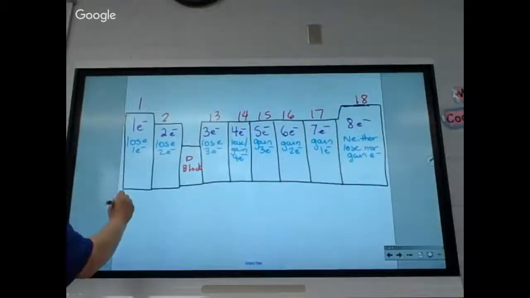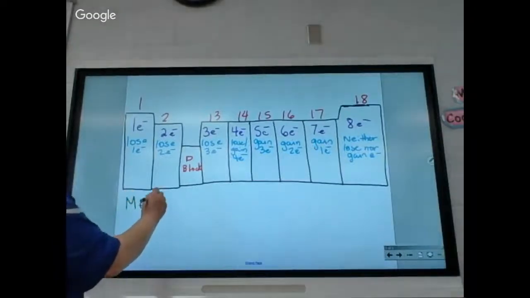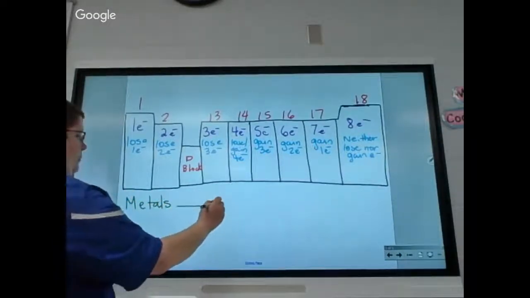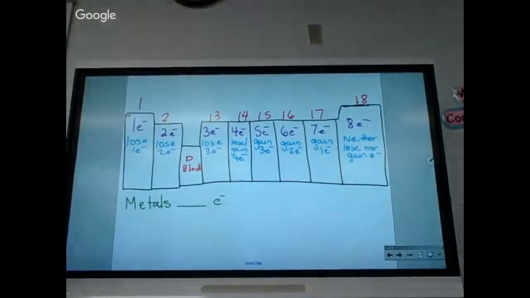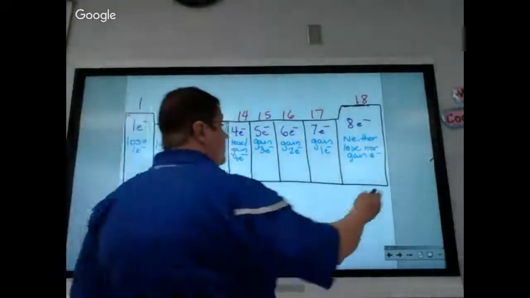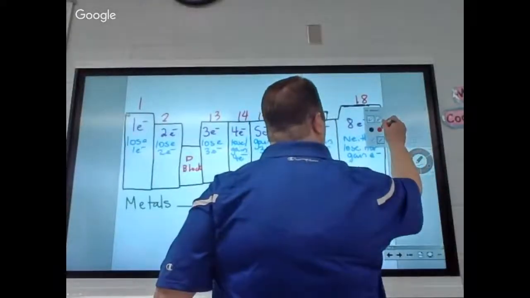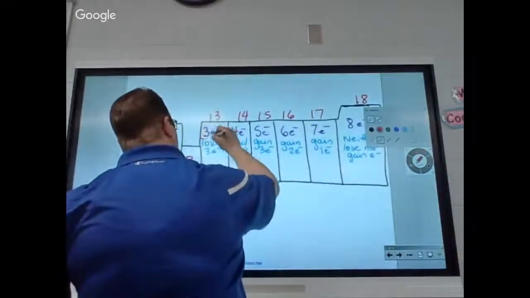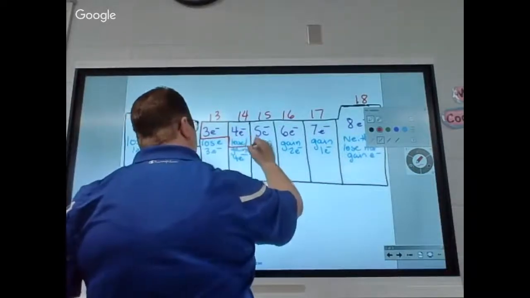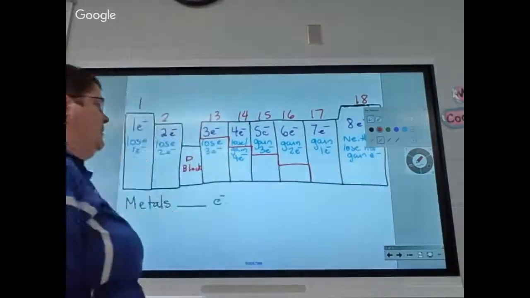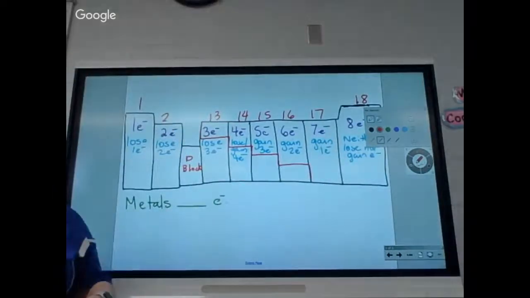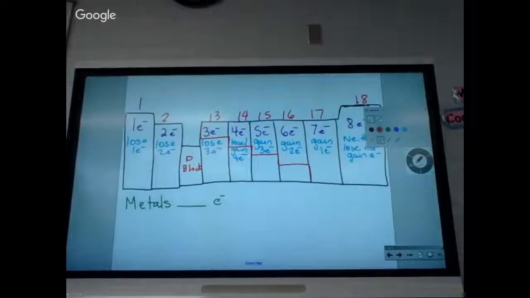If I ask you about metals, what should you tell me about metals? Where are metals on the periodic table? I drew in my staircase, just some stairs. Where are metals?